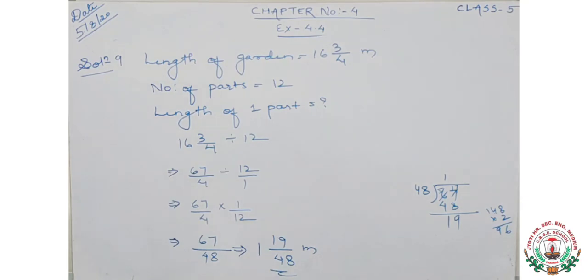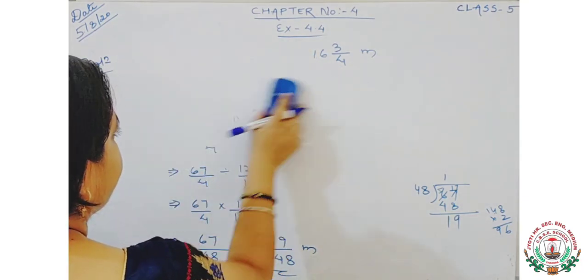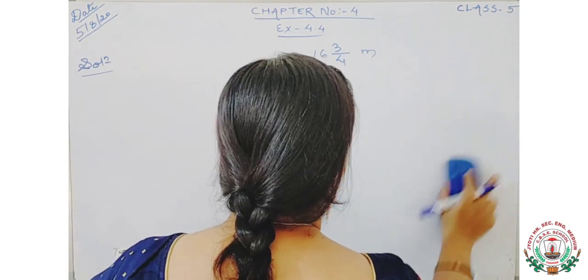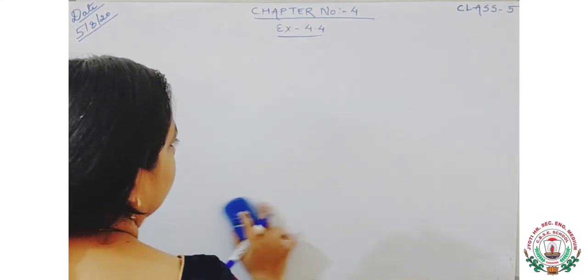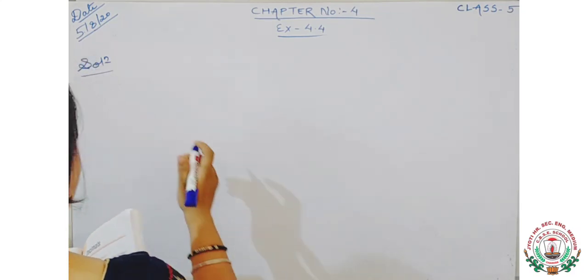Okay. Now next question is question number 10. What is question number 10? Question number 10 is: the product of two fractions is given. Okay. First we will write this.